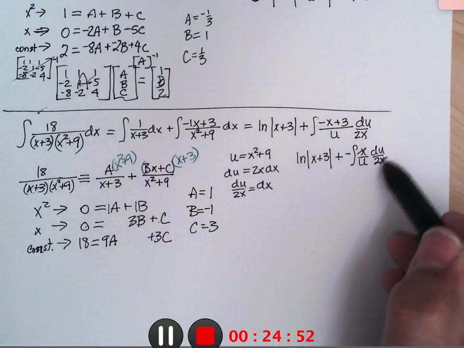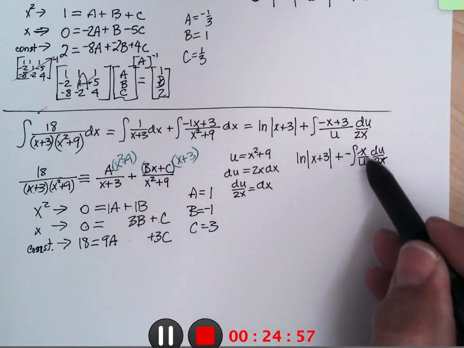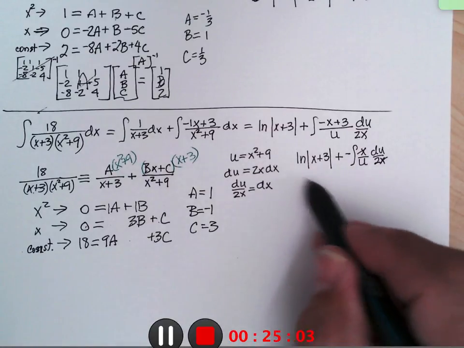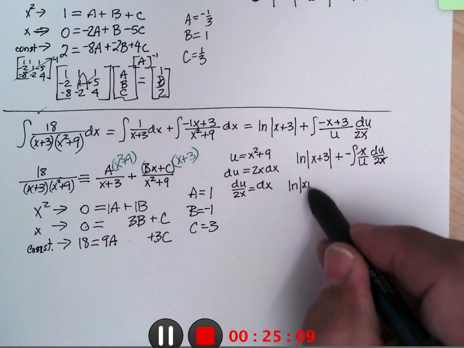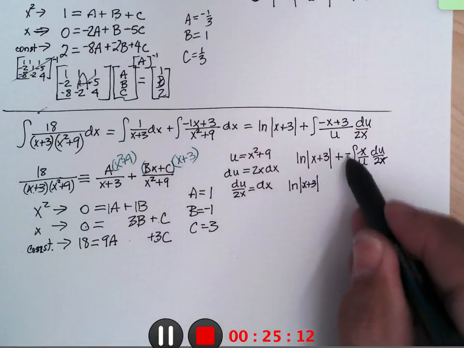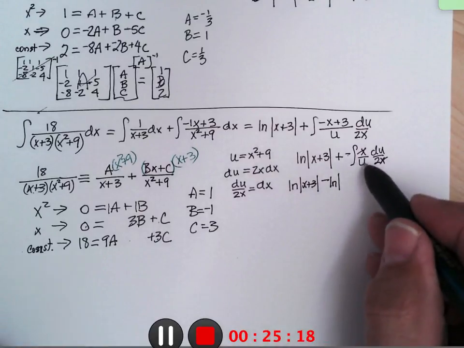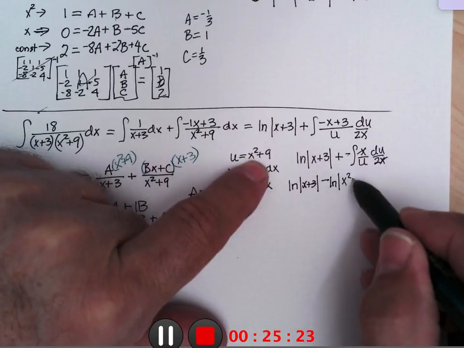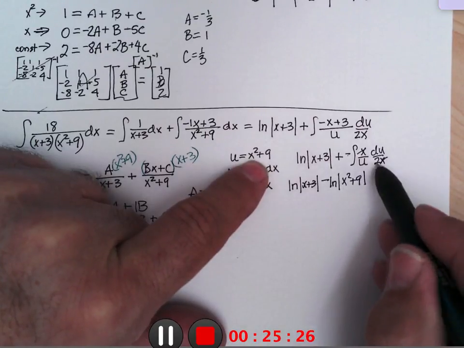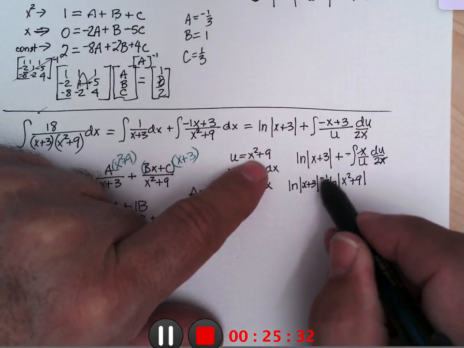The 2 would come out as a half, and 1 over u integrated be ln of u, and u was this, so I'll have this still, ln of absolute value of x plus 3. Then I'd have minus the ln of u, which is x squared plus 9 and a half. So I got this minus 1/2 ln this.